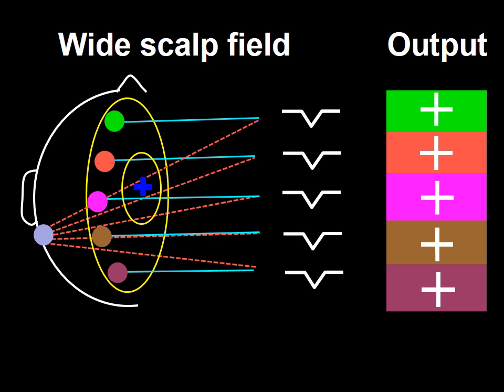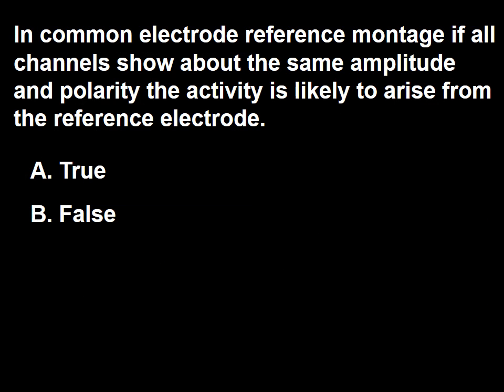It is far less likely that the waves would arise from a wide scalp field as it is represented in this frame. So the answer to this question is true.